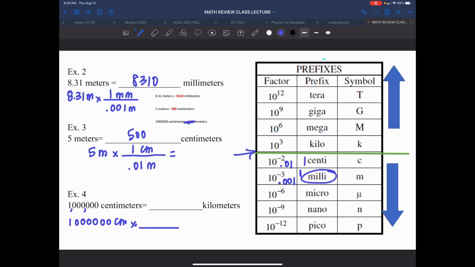All right, we need centimeters on the bottom. 1 centimeter equals how many meters? 0.01 meters. Now we need meters on the bottom. 1,000 meters equals 1 kilometer. You multiply across the top, divide everything on the bottom, you should get 10.